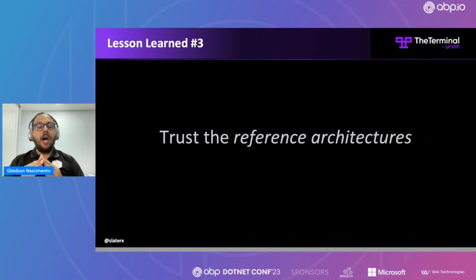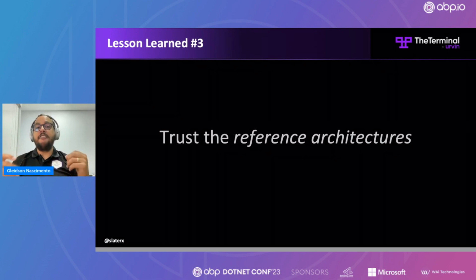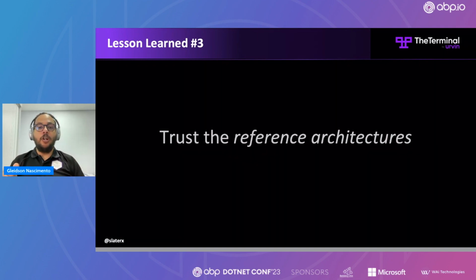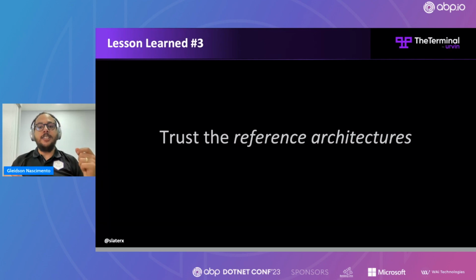This was our lesson learned number 3. Those reference architectures are battle tested. They are a reflection of what works better and what doesn't work when using those particular technologies. They are designed to make sure you use what works better, to take the most of the technology that you are using and achieve optimal operation.